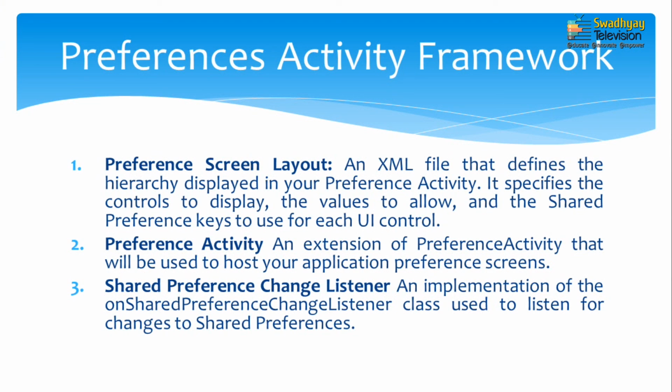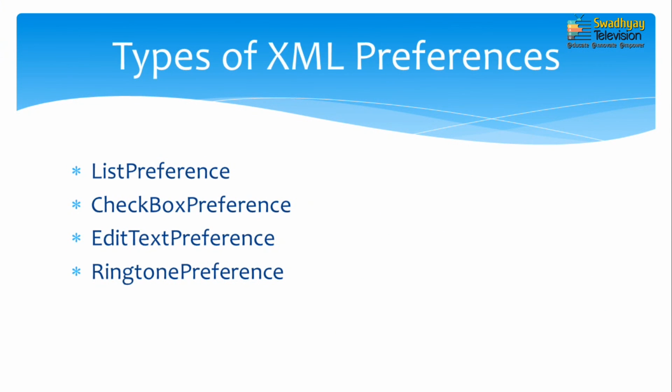It is very similar to your basic preference, but the only difference is here we have the screen layout specified as an XML file. What type of preference can you define using this preference activity framework? So, the answer is list preference, that is used to display a value selected from a list of items.